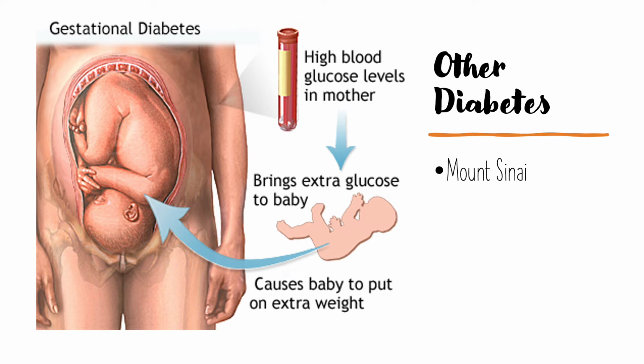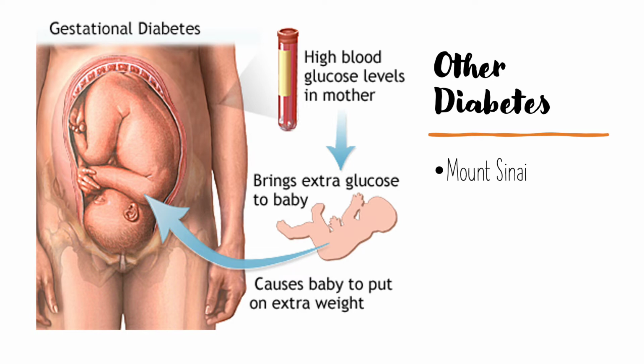The two other less common types of diabetes are gestational diabetes and prediabetes. Gestational diabetes is more of a temporary type of diabetes. It is developed during pregnancy in women, but usually resolves itself by the end of the pregnancy.